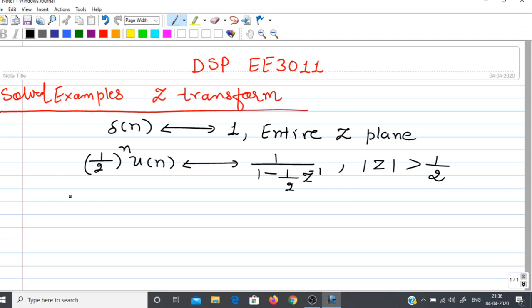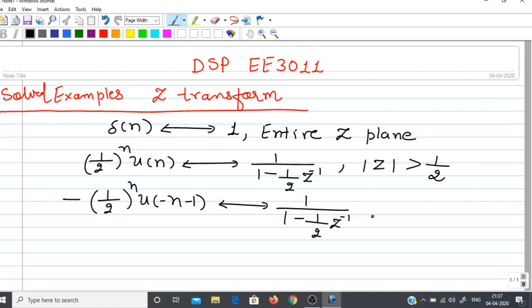And then in previous video, you saw that Z transform of the sequence minus half to the power n u[-n-1] was 1 upon 1 minus half z inverse with ROC mod z less than half. That we have done in the previous video.